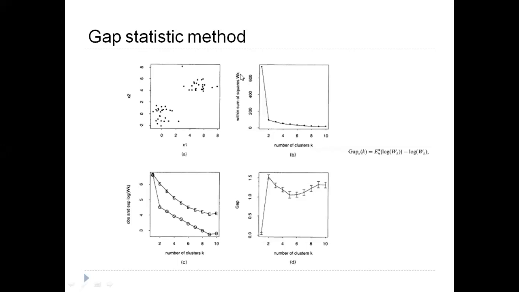Then you plot both curves by taking the log of the sum of squares. You compute the within sum of squares for your data and take its log, then create a standard uniform distribution, calculate the within sum of squares, take the log of that, and plot both here. This is our observed distribution values, and this is the expected distribution values. You identify the gaps between these two distribution values, and you plot that gap in another graph.